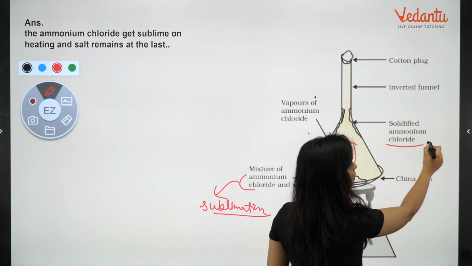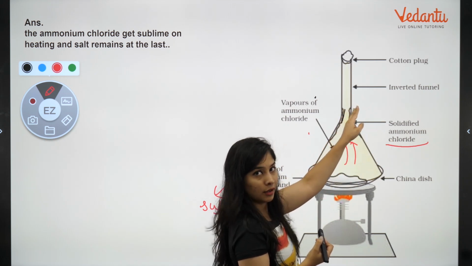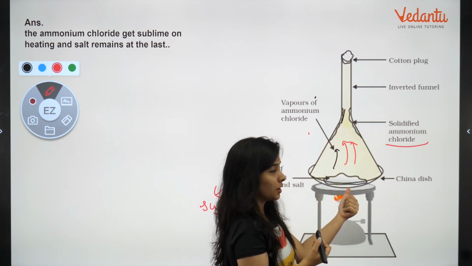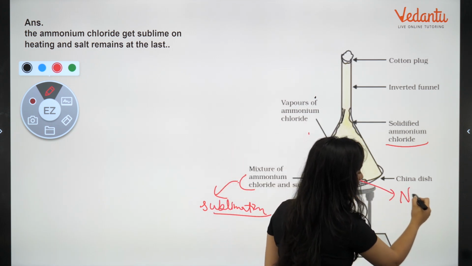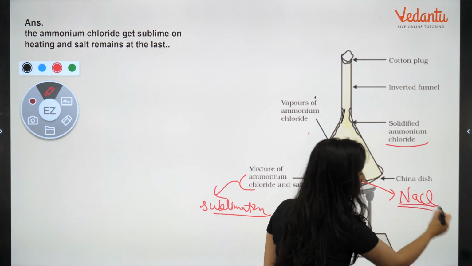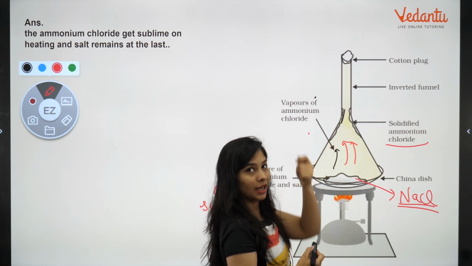So all of this ammonium chloride we are getting in the solidify form on the funnel. Correct? What we are going to left, that is salt. तो इसके अंदर हमारा normal salt, that is sodium chloride, is going to remain here, and ammonium chloride we are getting on the funnel.